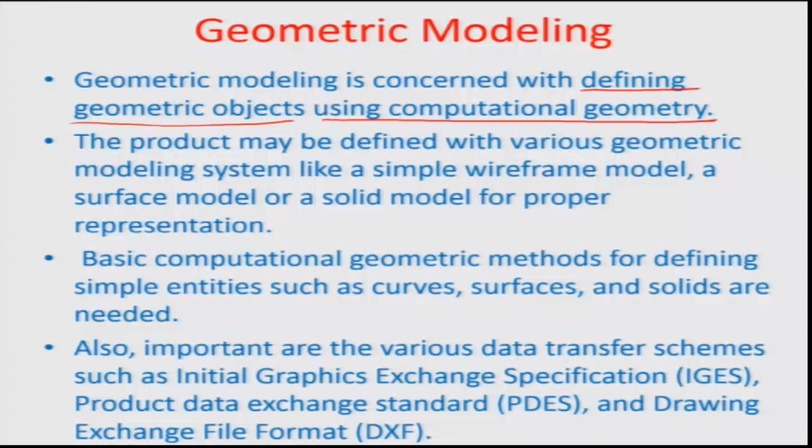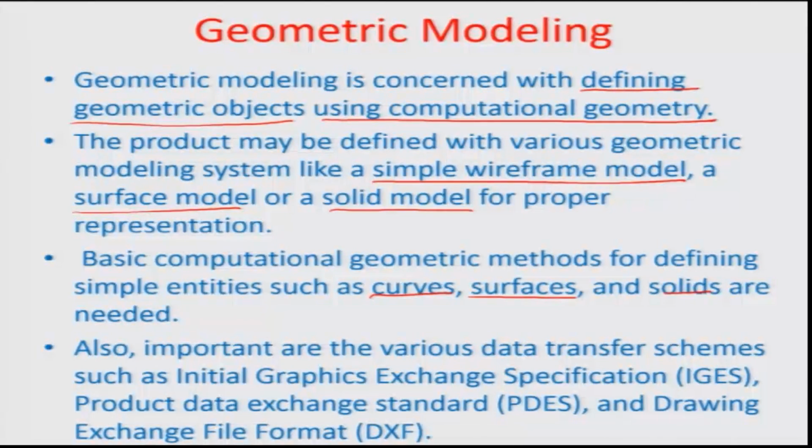The product may be defined with various geometric modeling systems. There can be simple wireframe based models, surface models, even solid models for a proper representation of the products, and some basic simple entities, for example curves, surfaces, sometimes solids. They are needed to define such geometric representations.